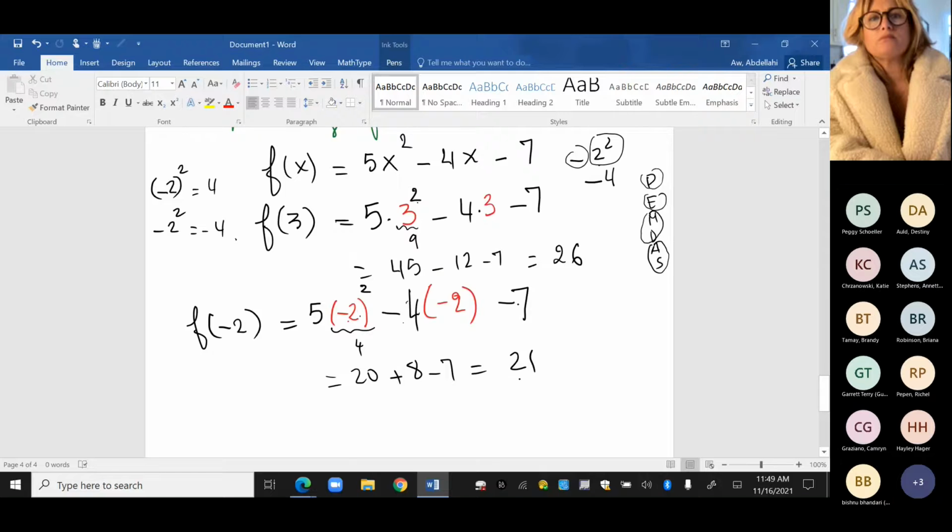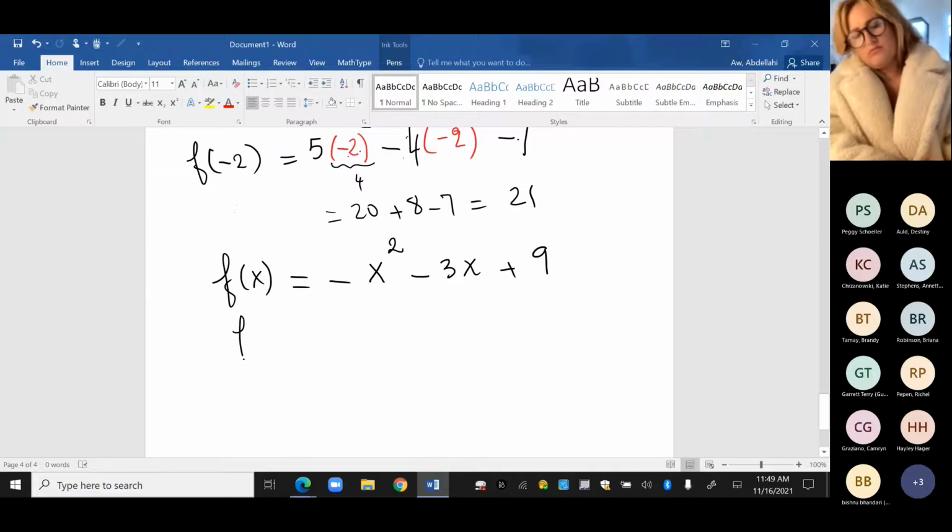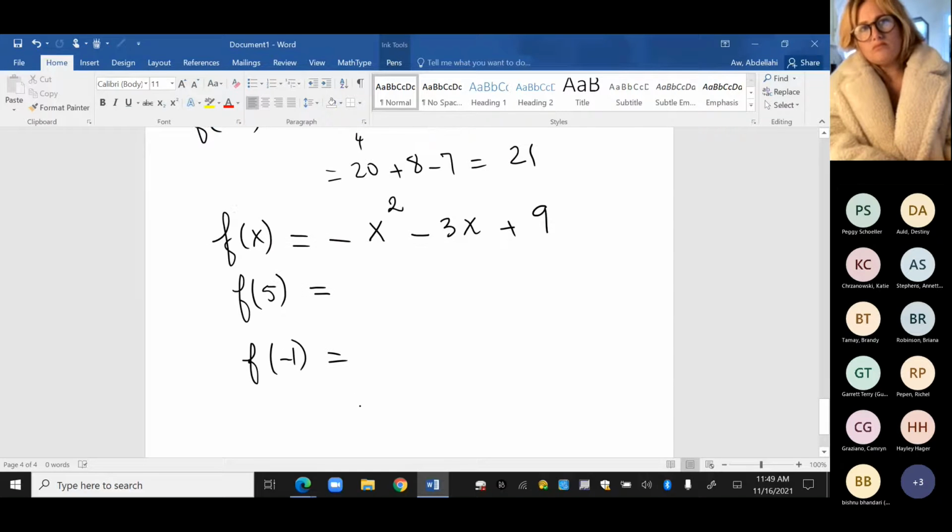Okay, so I'm going to give you another one here. I'm going to ask everybody to do a couple of calculations. f of x equals... All right, go ahead. I'll give you a good couple of minutes. Everybody try to do that and see how much you get for f of 0.